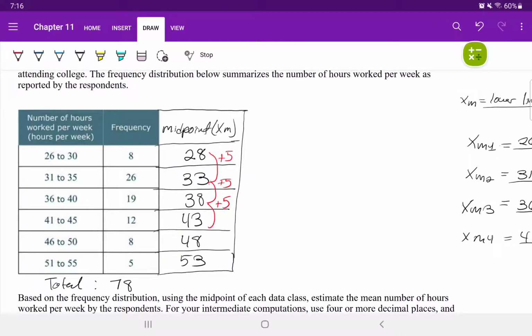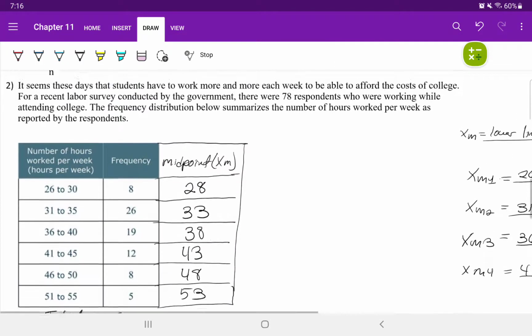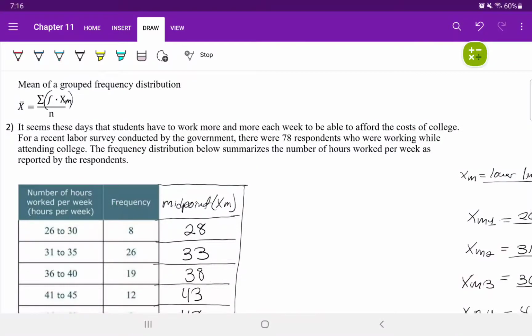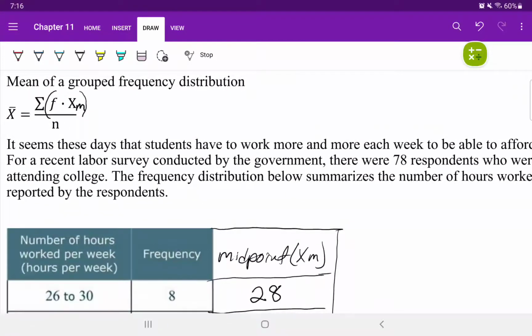Now I'm going to scroll back over here and I'm going to clear this section. Now, going back to the formula, finding the mean of a grouped frequency distribution. It says the sum of your frequency times your midpoint. For me to find the sum of the frequency times the midpoint, we first need to find frequency times midpoint.